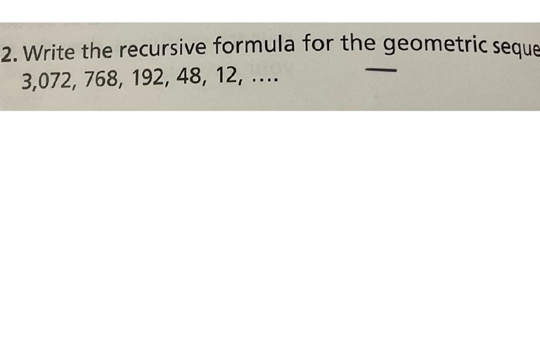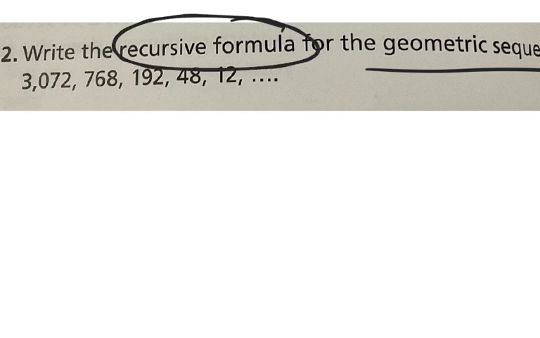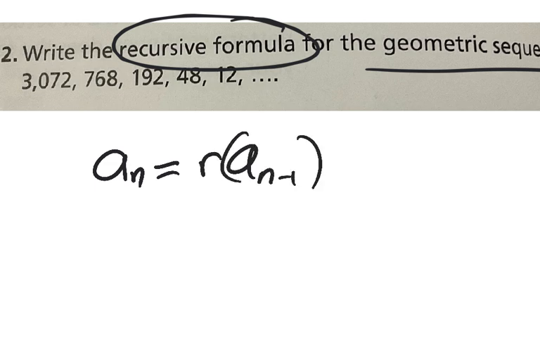So we've got to use the geometric sequence to find a recursive formula. They gave me the formula: a sub n equals r times a sub n minus 1. You can't have a recursive formula with arithmetic. Nope, this is only for geometric sequences.